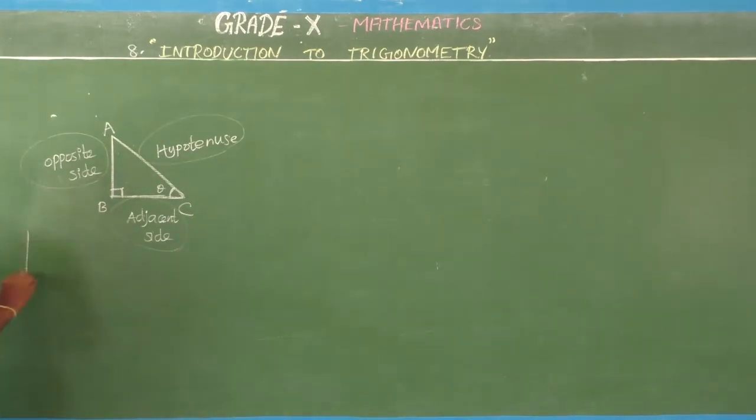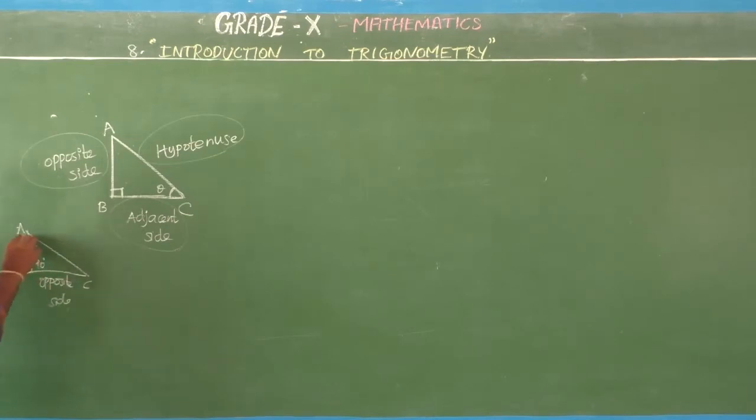Suppose this same triangle A, B, C. This is the right angle, that is 90 degrees. Suppose I am taking the angle theta at A. If I take theta at A, see student, the side opposite to angle A is called the opposite side.